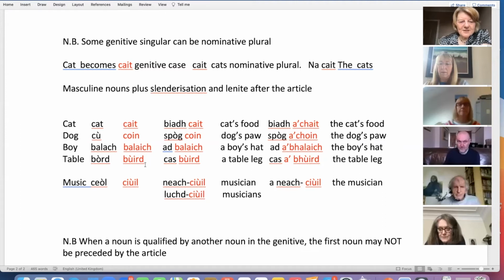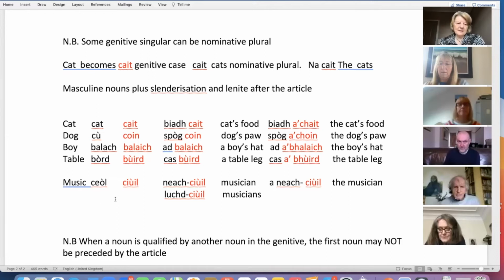If you were in the US, they would say borscht, because it's V, not fjord. So I'm keeping my US friends happy. They would say cas a' bhorscht, but I say bùird, cas a' bhùird. Well done.